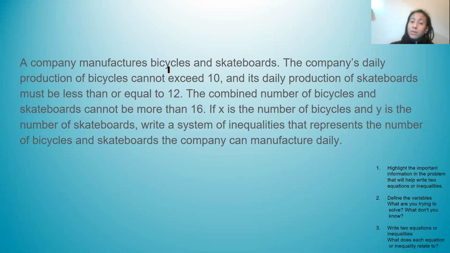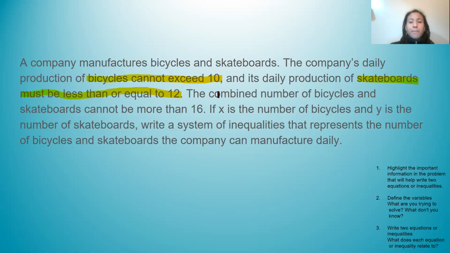So this is talking about bicycles and skateboards, but then let's go through the problem. It says bicycles cannot exceed 10. Daily production of skateboards must be less than or equal to 12.